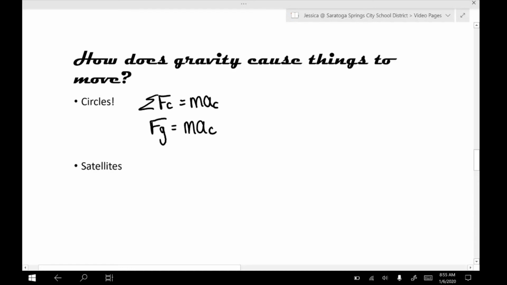Well, what is the acceleration of something moving because of gravity? Well, it's just g, the gravitational field strength, or the acceleration due to gravity. So I can set g, if I know it, equal to v squared over r. I can set Fg equal to mv squared over r.